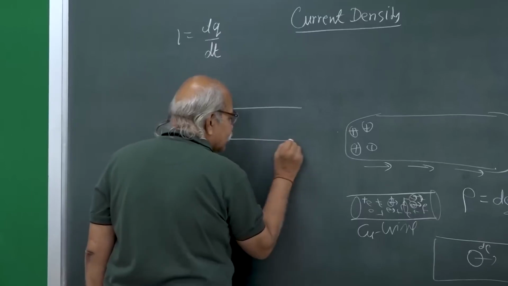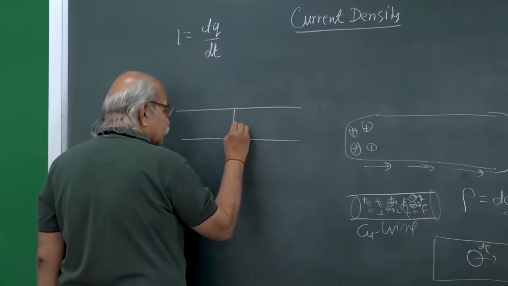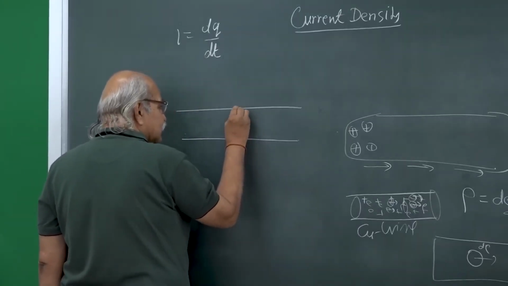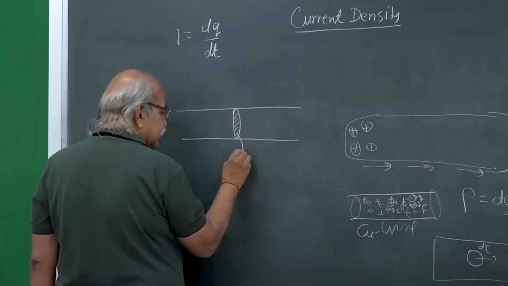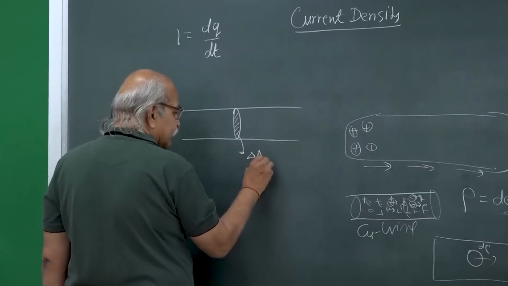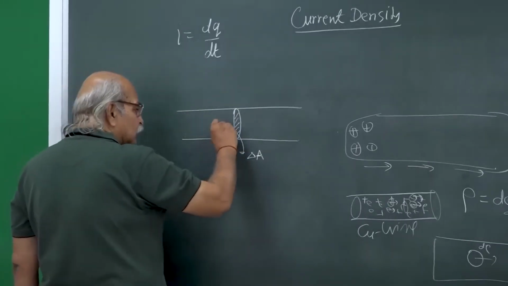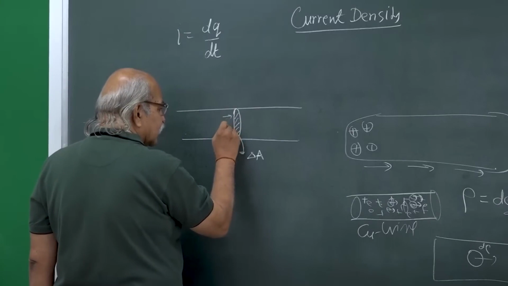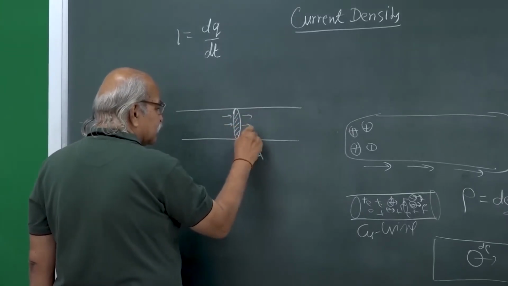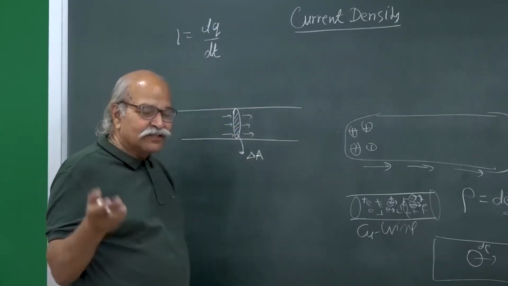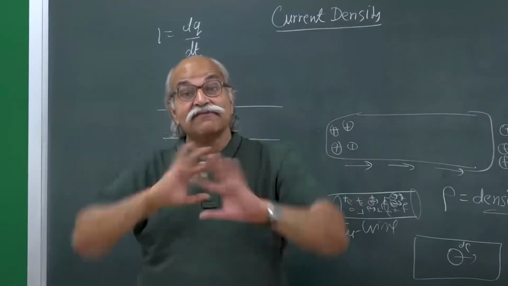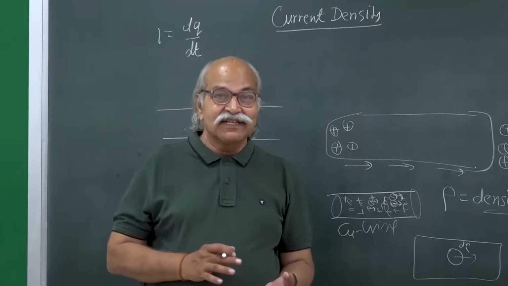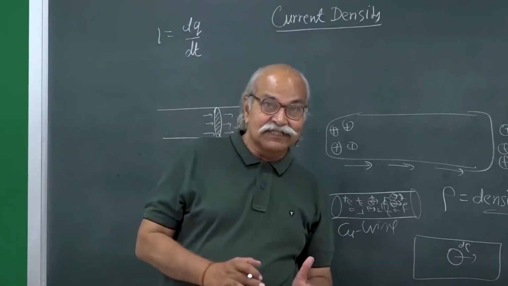Suppose you have this wire and then you take this cross section, and this is let us say delta A. And if dq charge crosses, and remember we normally write everything assuming that it is positive charge, but our equations are equally valid if the positive charges are crossing or the negative charges are crossing.